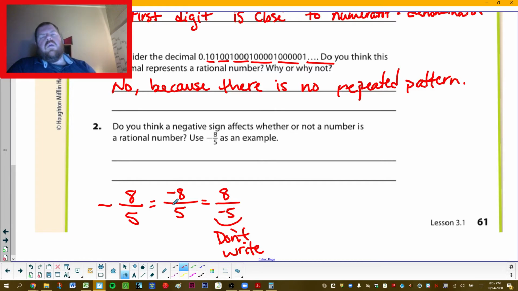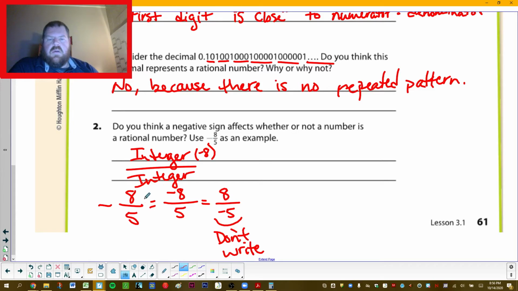Okay. So we have to ask ourselves, is this a rational number? Just because of that negative there. Well, remember what a rational number is. A rational number is an integer over an integer. Is -8 an integer? It is. It's a positive or negative whole number. -8 works.